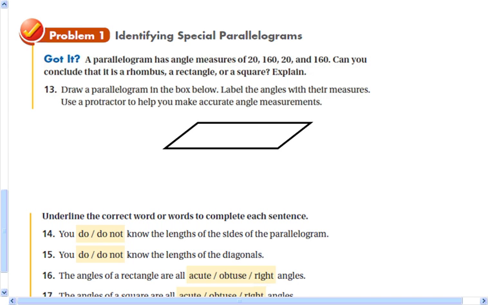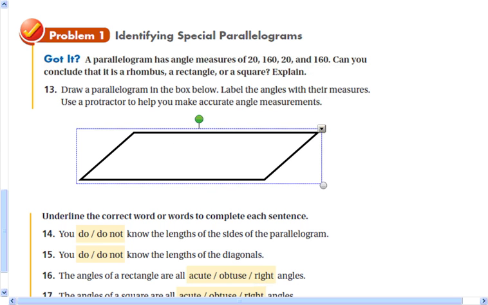Maybe something like that. All right. So we know these smaller ones are 20, and the larger ones are 160.